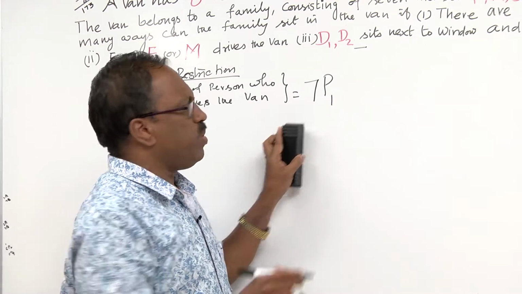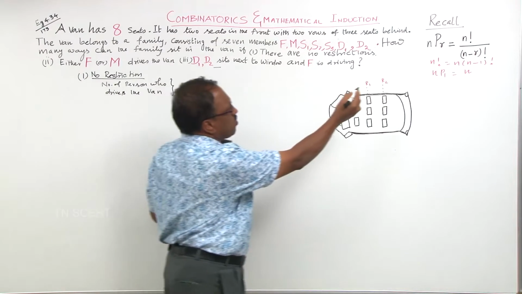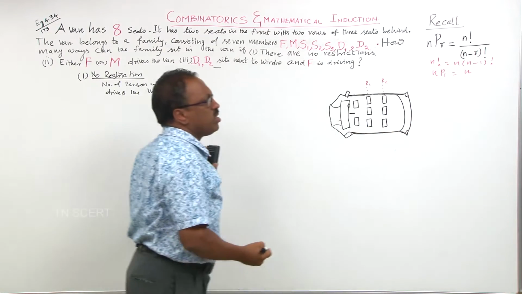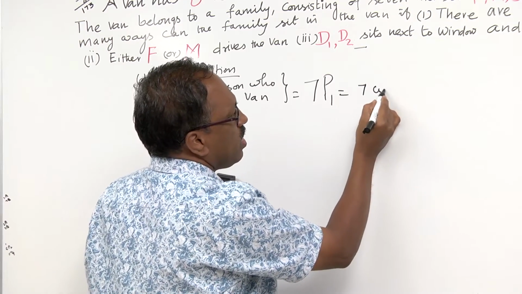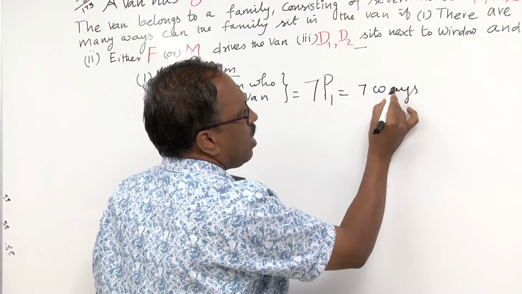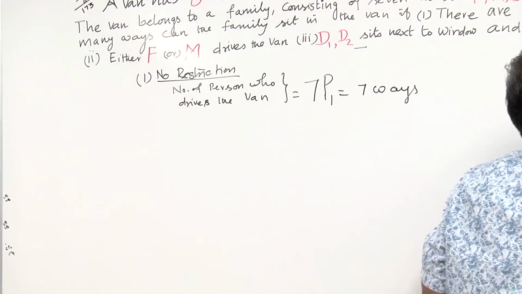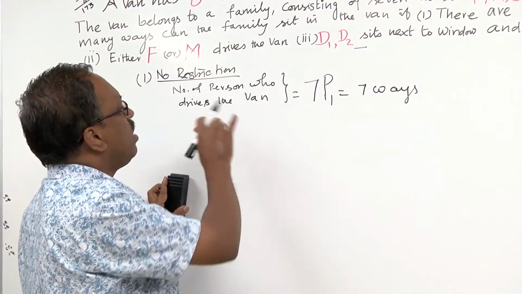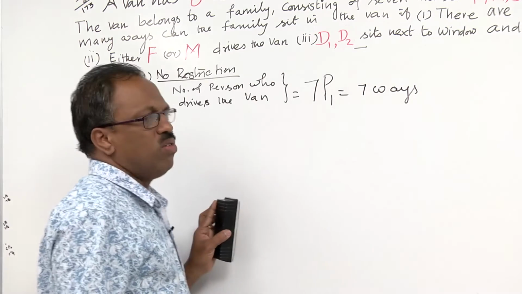Out of 7 people, 1 can drive. According to this formula, 7 factorial by (7 minus 1) factorial, which is 6 factorial, so it is 7 ways. 7P1, in other words, n. So there are 7 ways the person can drive the vehicle, the first part.